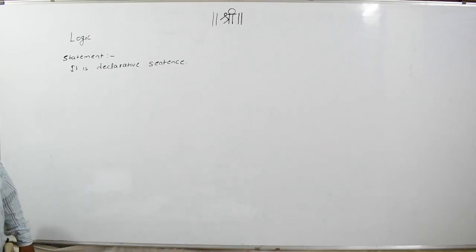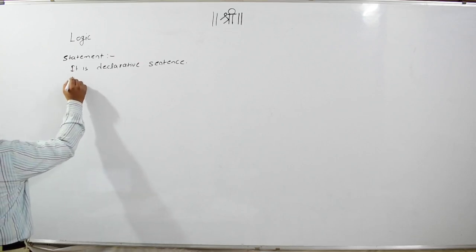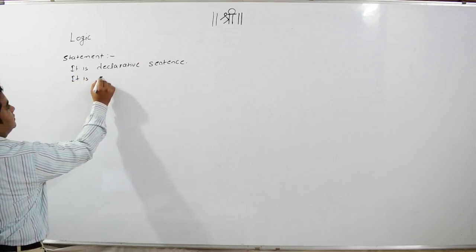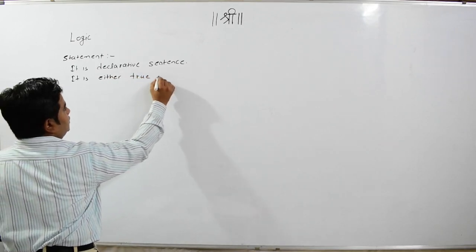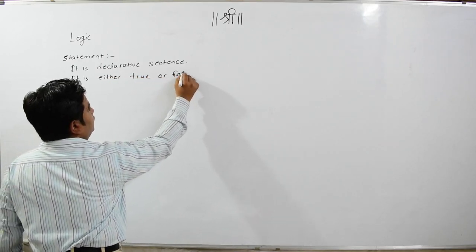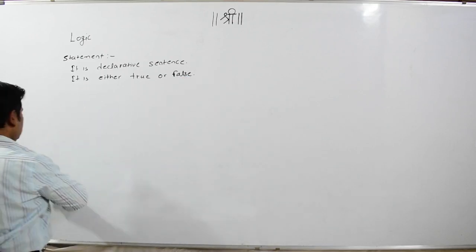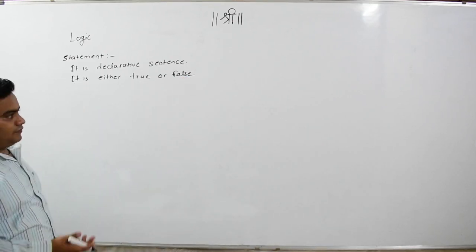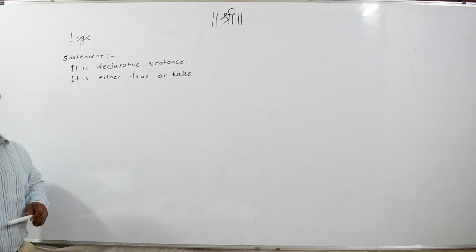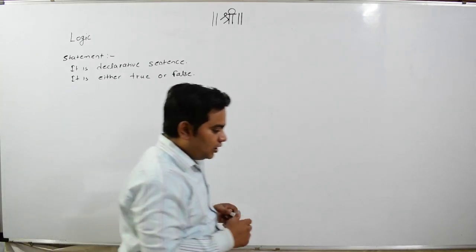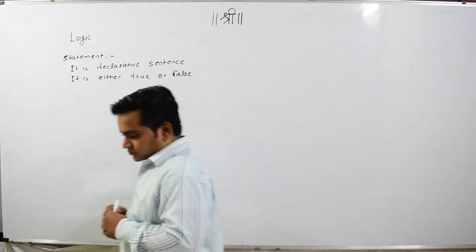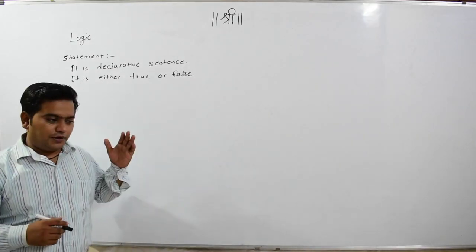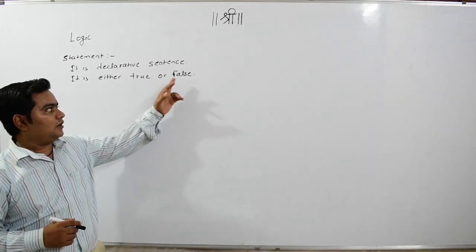It is either true or false, and not both. So it should have one particular value, true or false.